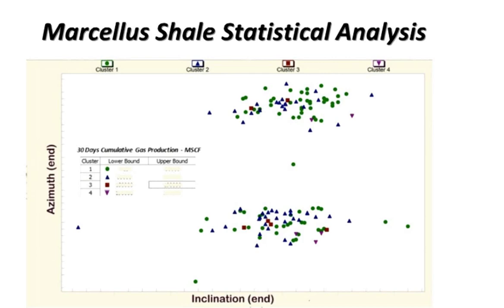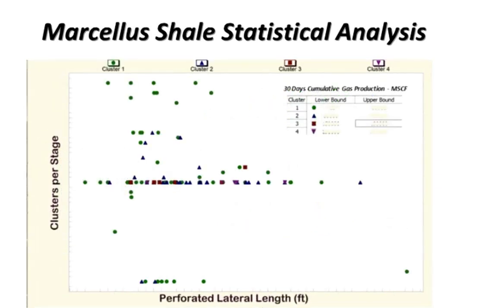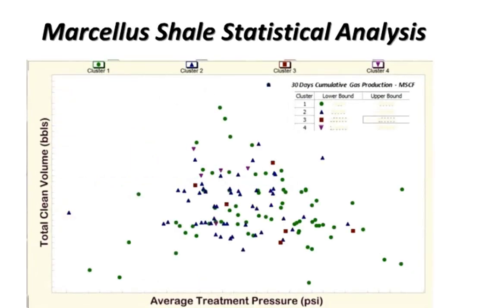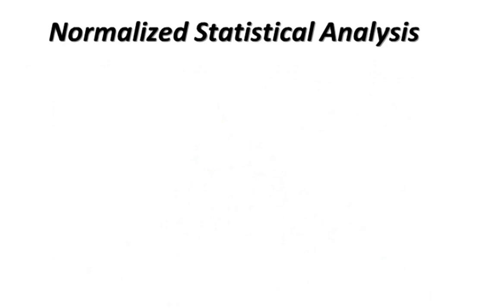For example, here, if you plot azimuth versus inclination and put them in different buckets of cumulative gas production, 30 days, again, you see no pattern. This is number of clusters per stage plotted versus perforated lateral length in feet. No patterns there. Average treatment pressure that I mentioned, versus total clean volume. Look, there is no trend whatsoever.